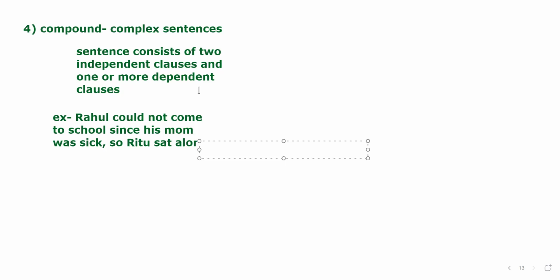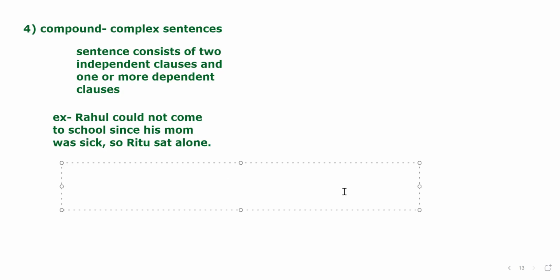The dependent clauses are: since his mom was sick, so Ritu sat alone. So Ritu sat alone is not an independent clause, right? Because there is "so" along with Ritu. That is why it cannot be independent. This is dependent. So in this scenario, it is a complex, not the compound complex that we are discussing, right?